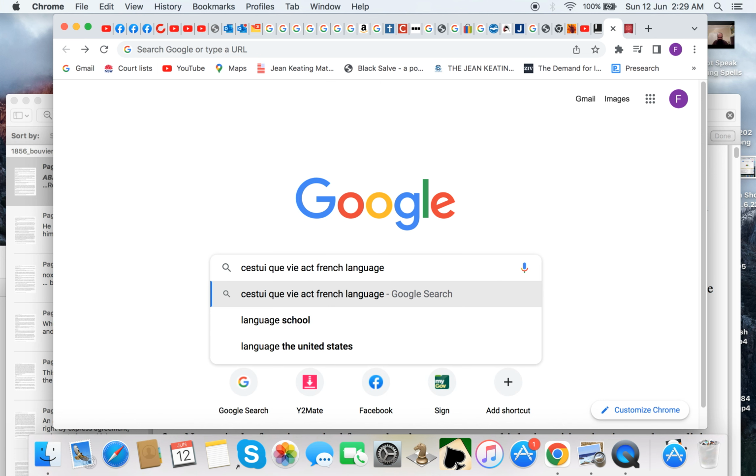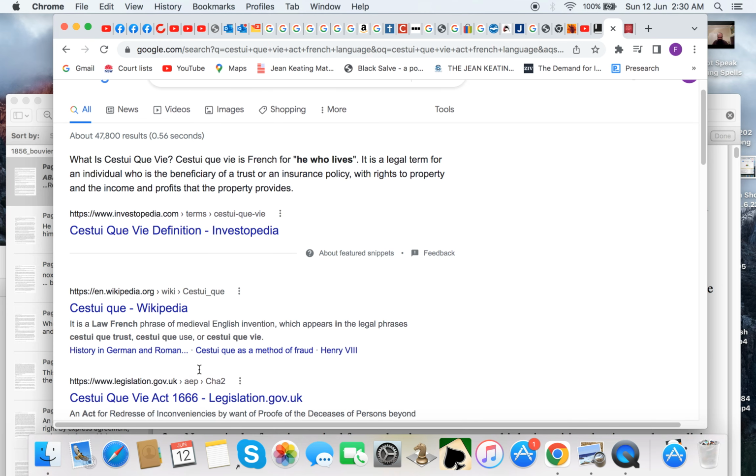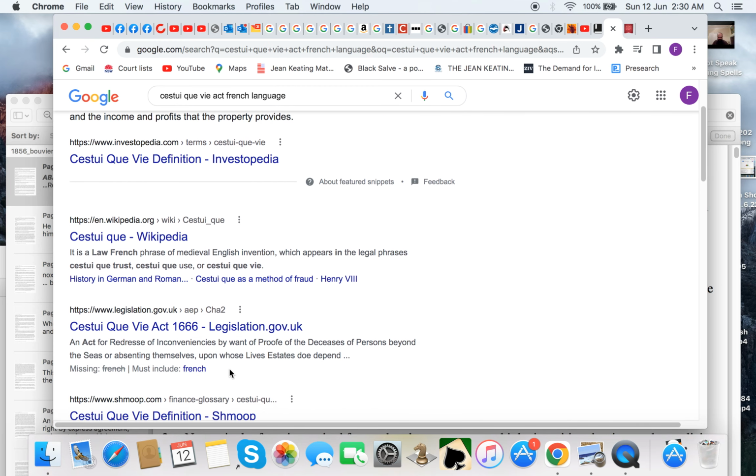Yeah, the Sestico Act was done at 2 o'clock in the morning in an English-speaking country. It is a French phrase of medieval English invention, which appears in the legal phrase Sestico. So why would they use French language to create an act so the people wouldn't know?